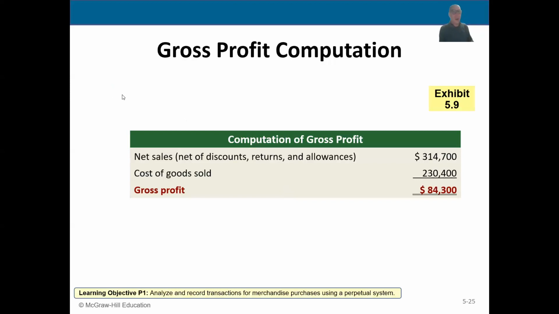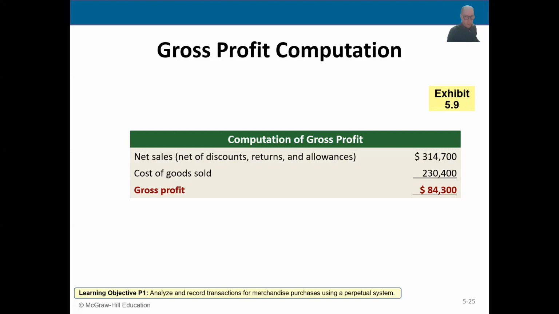So here we have what we call the gross profit computation. Remember earlier on I showed you the income statement, right, for a merchandiser. And a merchandiser's income statement has sales minus cost of goods sold equals gross profit, minus expenses equals net income.